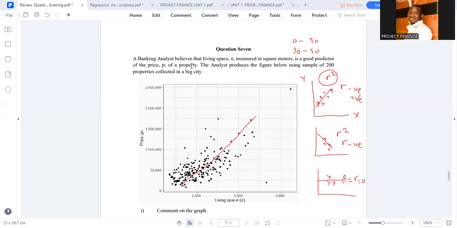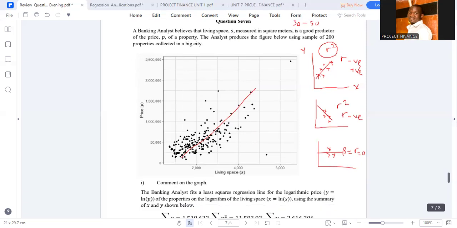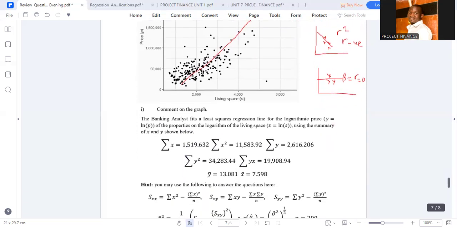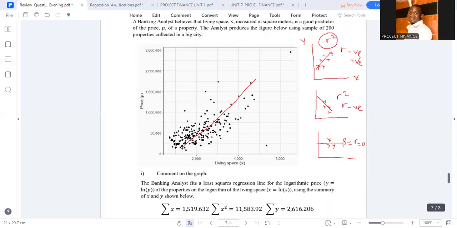So we want to see how big living space in square meters predicts the price of the property. The analyst sampled 200 properties in a big city and, based on the square meters of the living space and the prices, wanted to estimate the relationship. Firstly, we're being asked to come up with a relationship between price and living space. So price is our dependent variable. Does increasing the number of square meters positively affect the price?